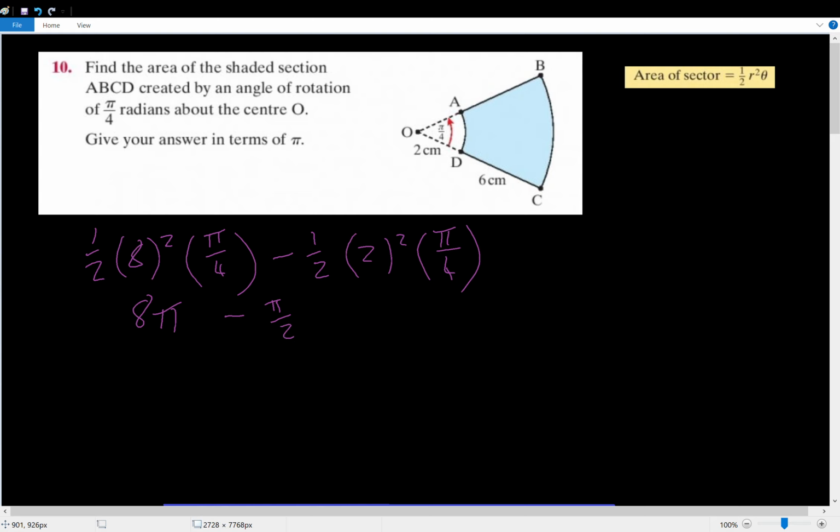So it's 8 pi minus pi over 2. In other words, it's 8 minus 1/2, so we end up with 7.5 pi, which you can leave as that, or it is 15 pi over 2. And that's the area of the shaded sector that's left over once we do our sum out. And that is that.